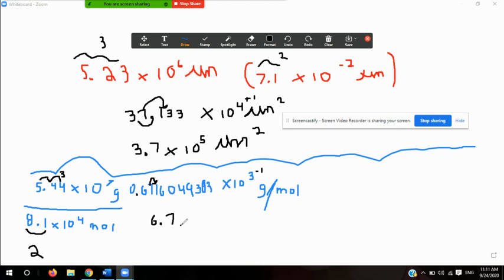So your final answer is going to be 6.7 times 10 to the power of 2 grams over mole.